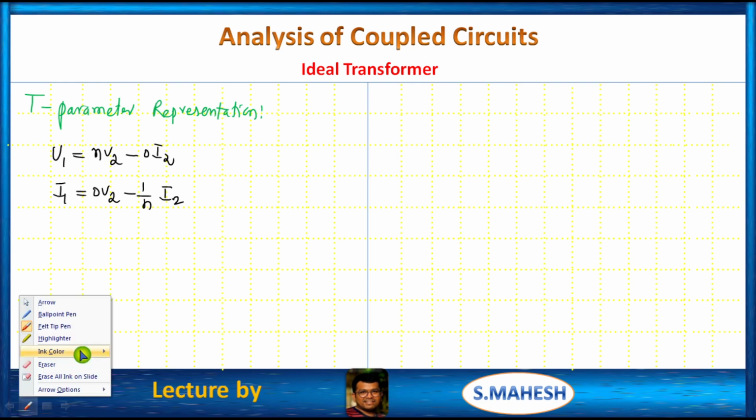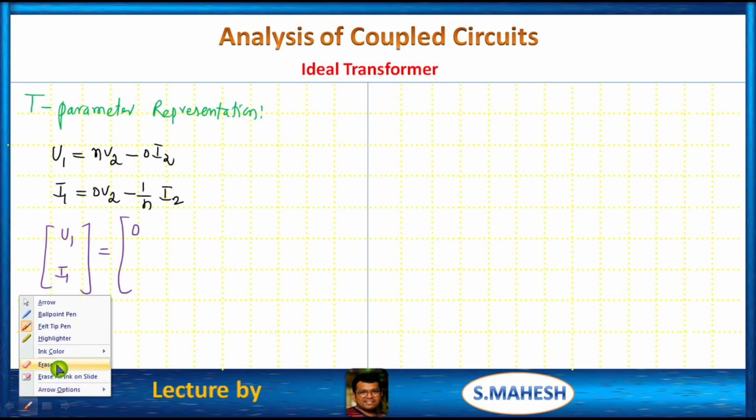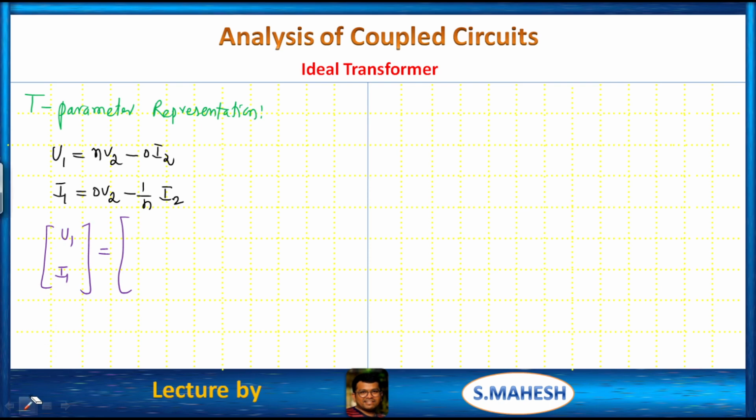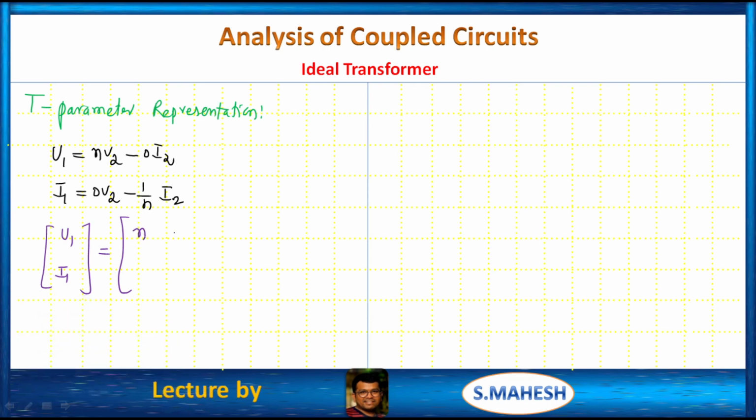Therefore, V1 I1 equals N 0, 0 minus 1 by N, times V2 I2.